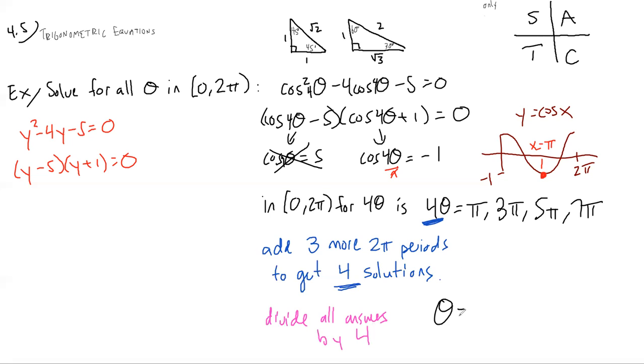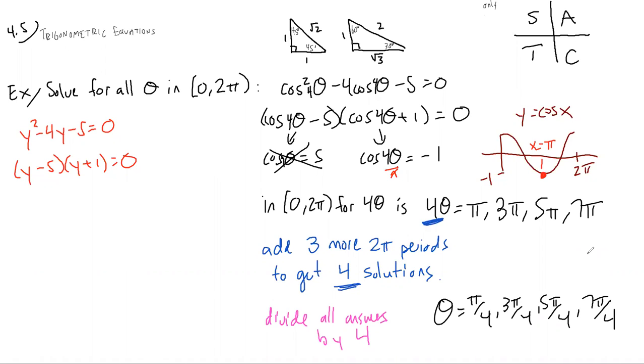So what I'll get is theta is pi over 4, 3 pi over 4, 5 pi over 4, and 7 pi over 4. And all of those answers are still between 0 and 2 pi. Right, 7 pi over 4 was less than 8 pi over 4, which is exactly 2 pi.